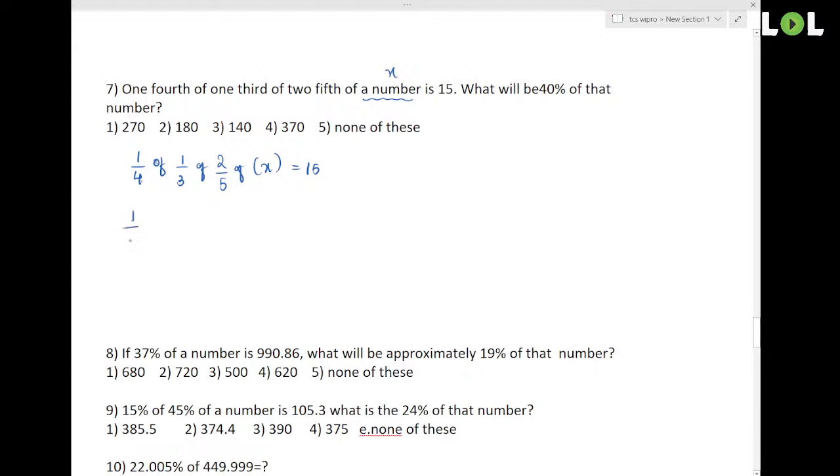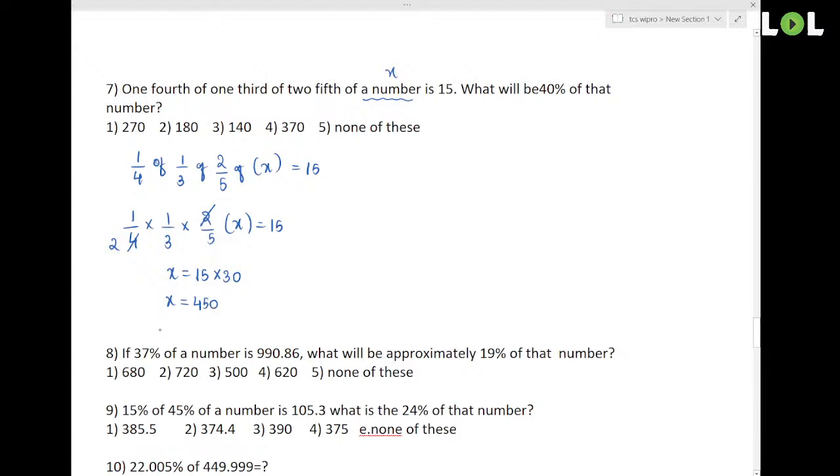Well, you can directly do it here, guys. 1/4 into 1/3 into 2/5 of X is equal to 15. Prashant says 360. Let us see. So what do we get? 2 into 1, 2 into 2. So what do I get finally? X is equal to 15 into 2 into 3, 6. 6 into 5, 30. So X is equal to 150. Sorry, 450. X equals 450.